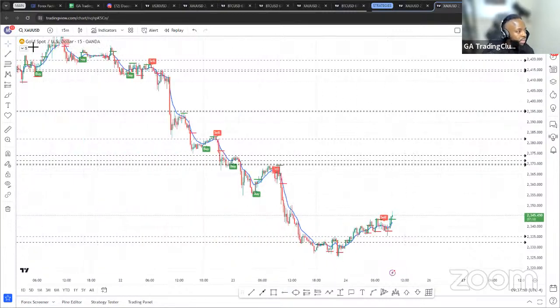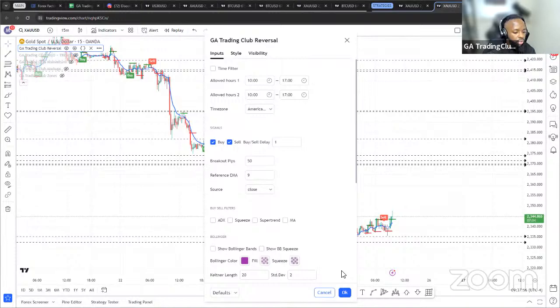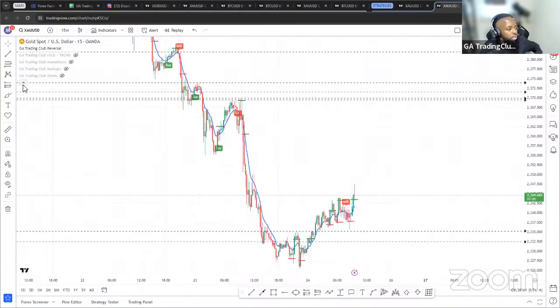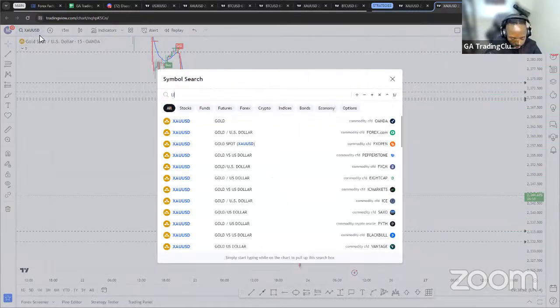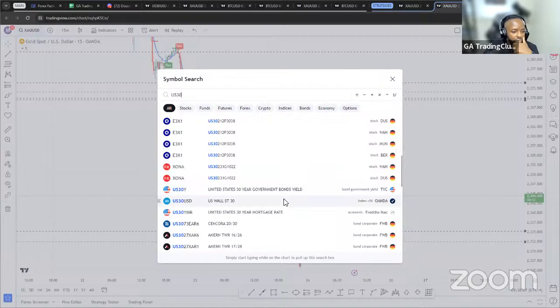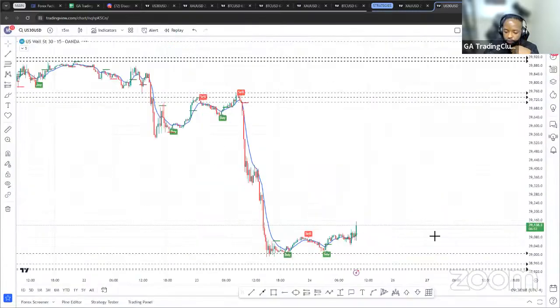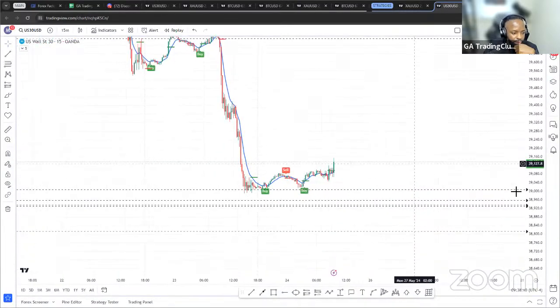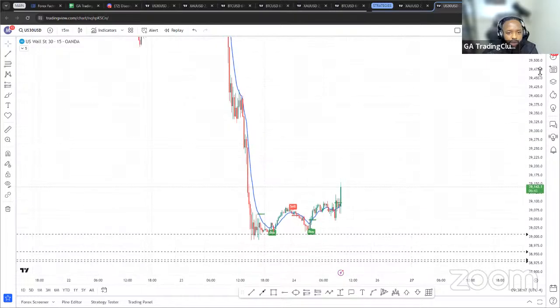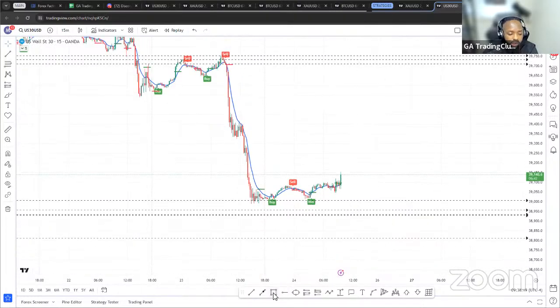There hasn't been any entry for gold, no buy for gold so far. For US 30, this buy came up pre-market, but if we get another buy, I would ideally be looking for continuation to the upside to complete this structure right here, right?